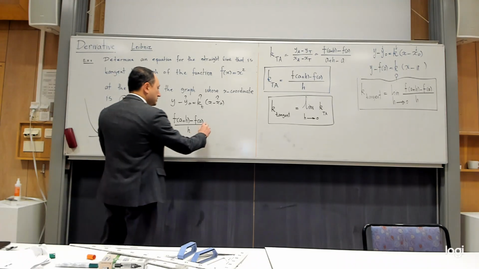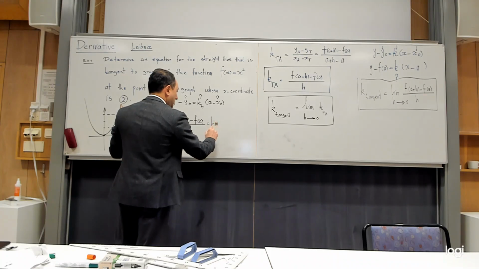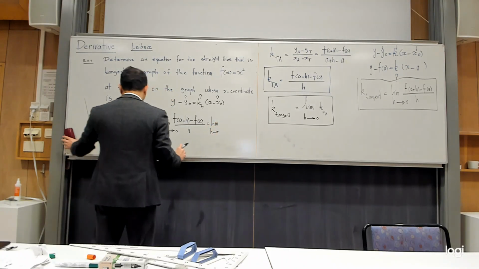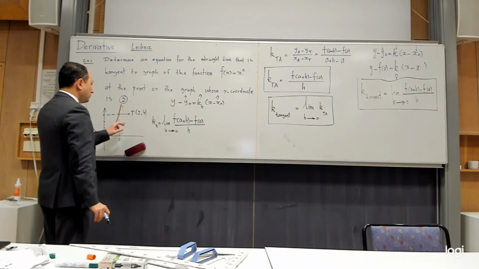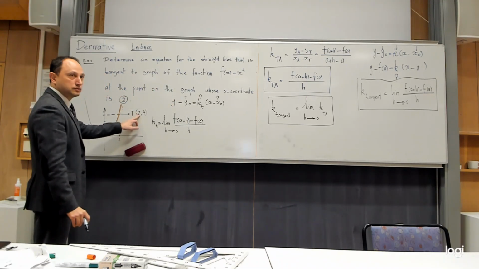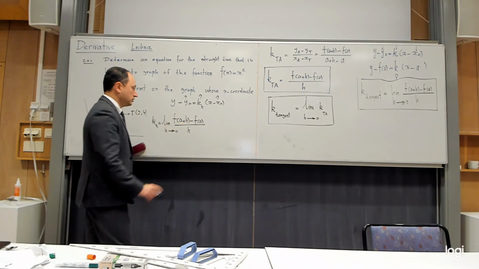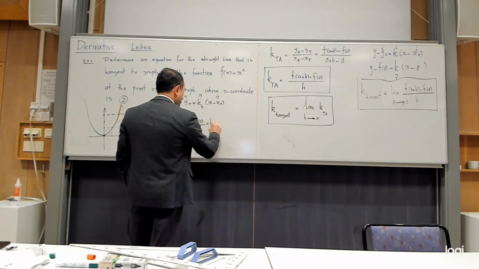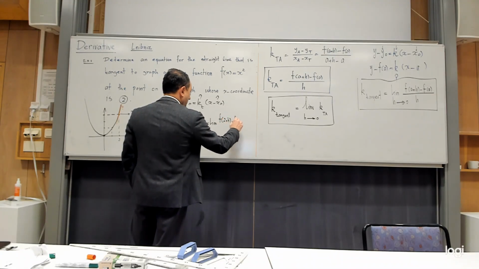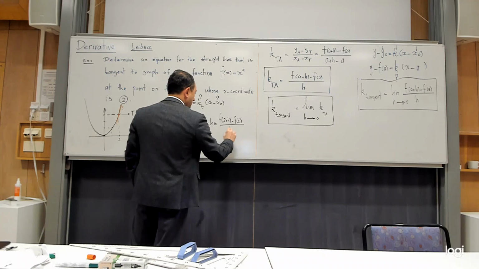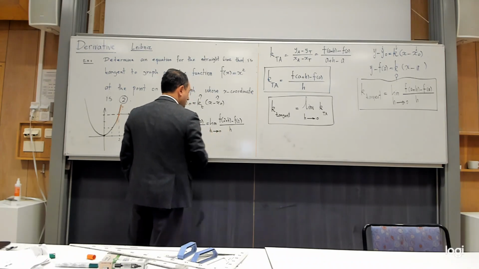This is the general formula. Here, what is a? a is 2. So I replace a with 2. So this becomes the limit of f of 2 plus h minus f of 2, divided by h, as h approaches 0.